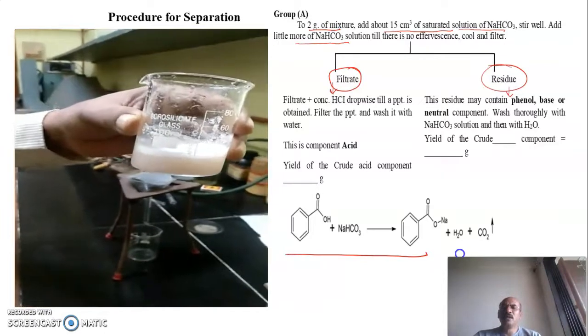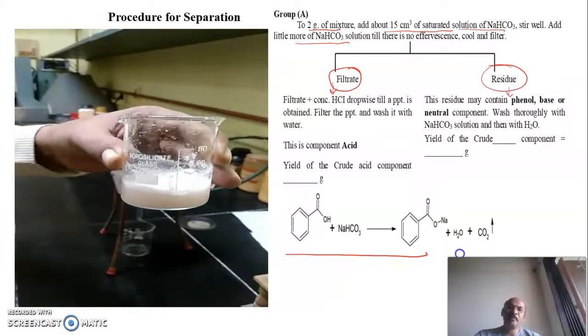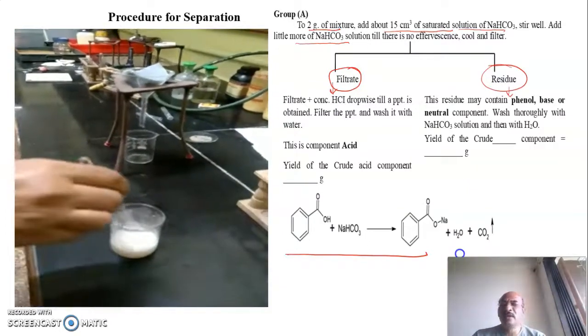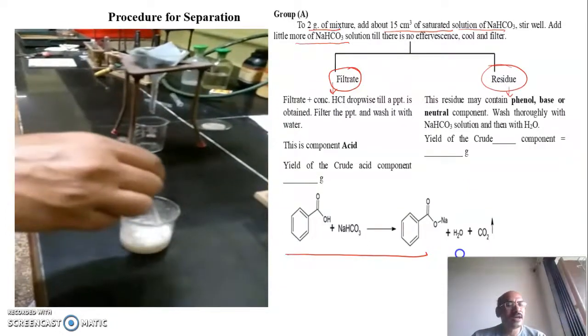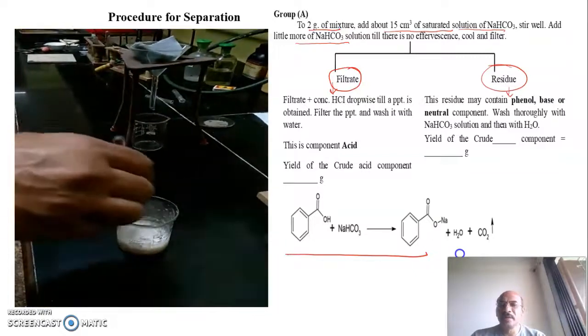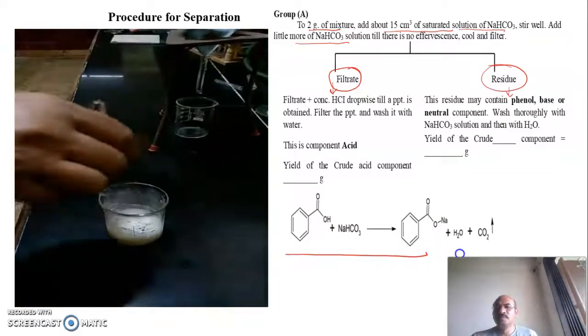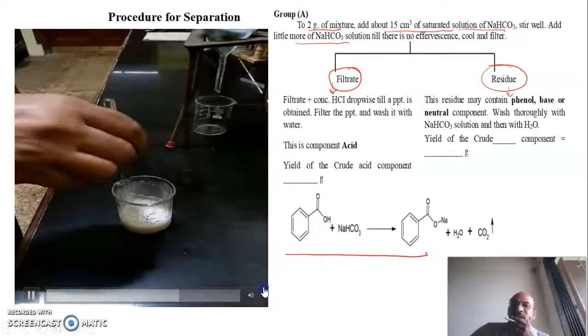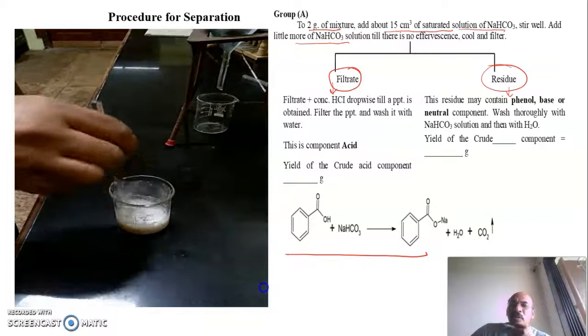Complete neutralization of acid is very important. Otherwise, contamination of one component in the other is possible, and no further analysis will be correct. So you see the bubbles of CO2.